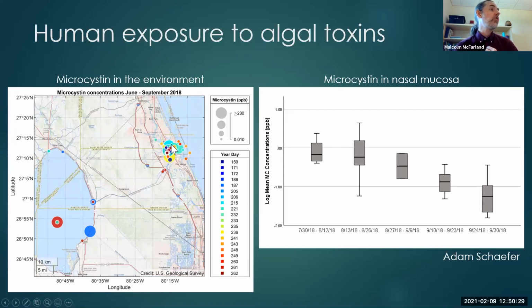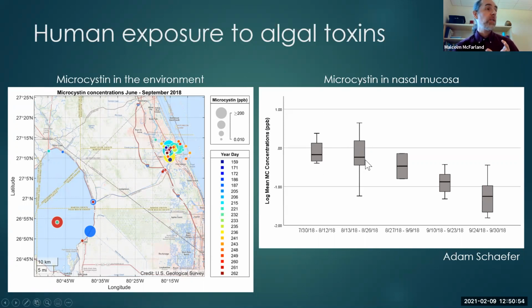Around July, we saw really high concentrations of microcystin in the St. Lucie Estuary after it had been transported by the lake. And this is the concentration of that toxin in people's nasal passageways, which we measured using nasal swabs on volunteers.